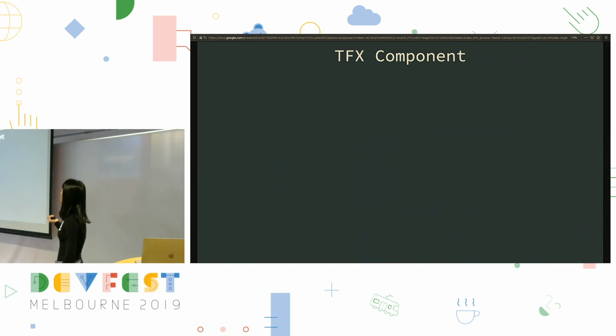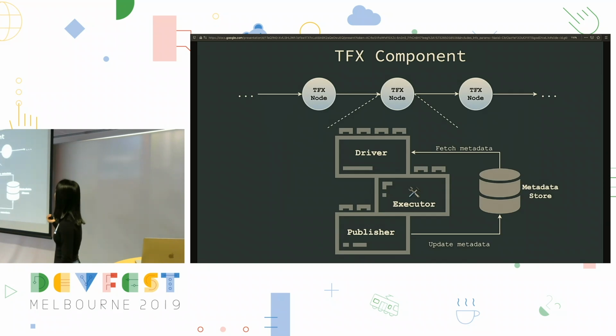Now, each component in a TensorFlow Extended pipeline typically has 3 predefined subcomponents: driver, executor, and a publisher. The framework defined the driver to query metadata generated from an earlier component from the metadata store and feed it into the executor.